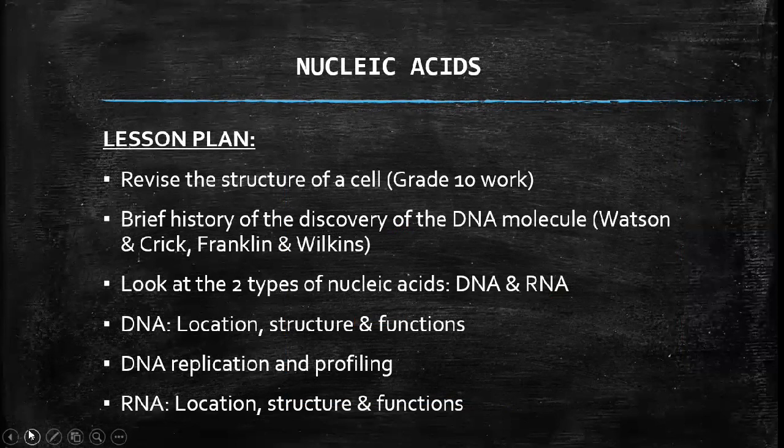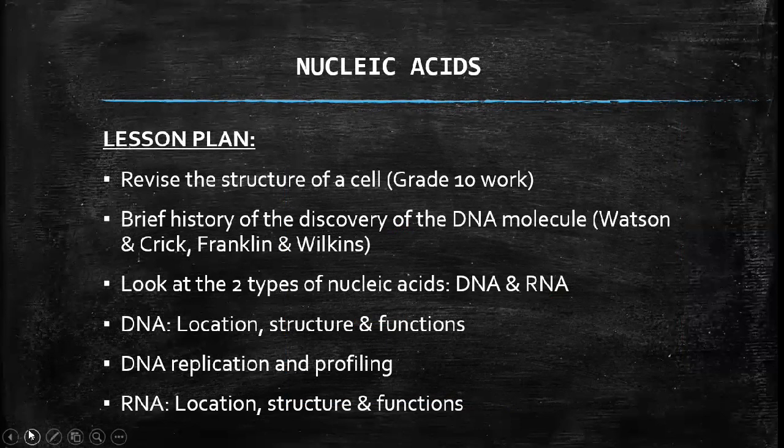And then we're going to look at the two types of nucleic acids, which are your DNA and your RNA. For DNA, we're going to look at the location or where it's found, its structure, and of course, its functions.